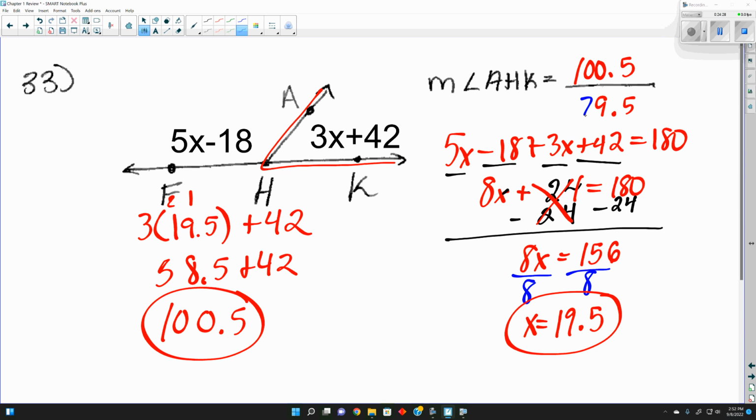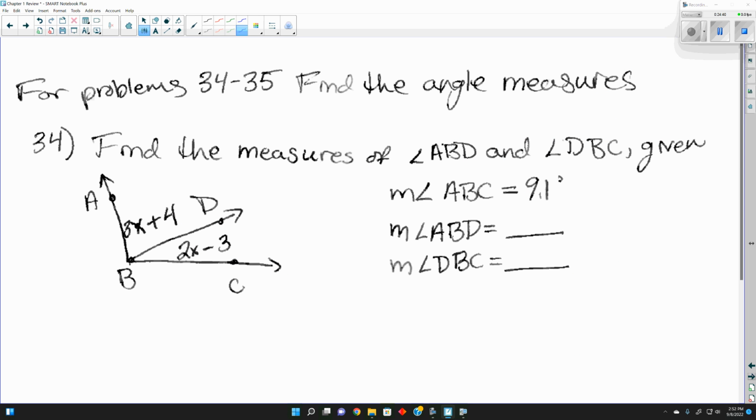A lot of the problems on the test, I created the problem, so I created the picture, then put the problem in, so it doesn't always match up to the picture. So focus more on what it's actually doing, not the picture itself. And this is 91 degrees, not 9.1.